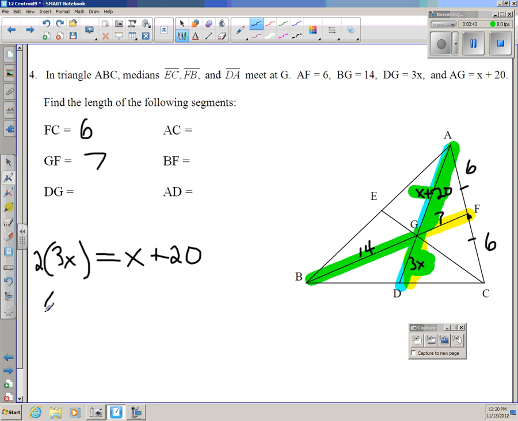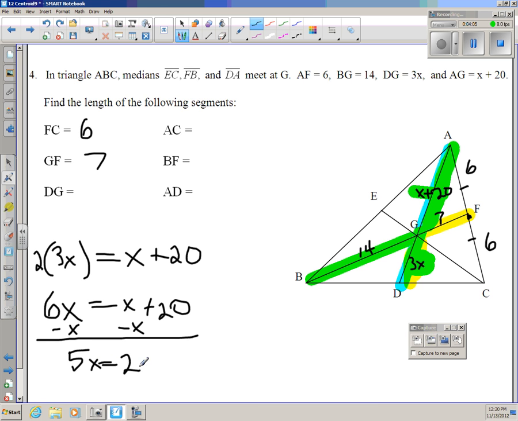So 2 times 3x is 6x equals x plus 20. And on this, I'll subtract x from both sides. I'll get 5x equals 20. And divide by 5. And so x is 4.